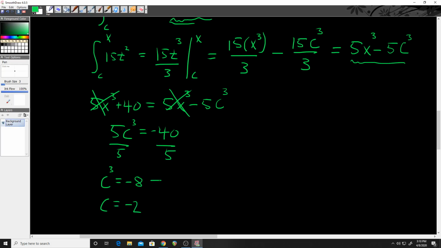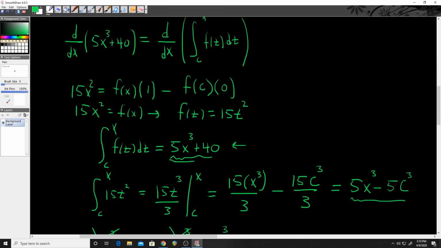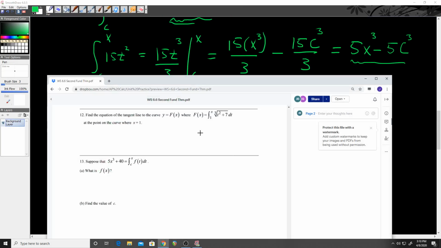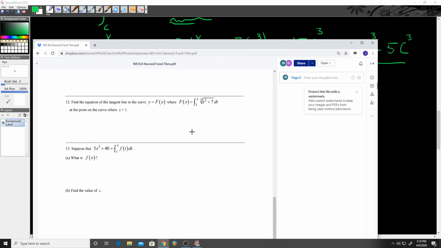If I take the cube root of both sides, the cube root of c cubed is just c, and the cube root of negative 8 is negative 2. So c has to be negative 2 for this problem. Okay, so that one is done.